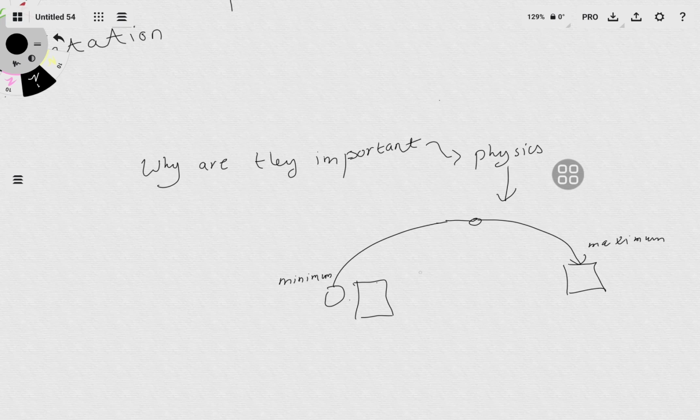In physics, the quadratic equation is represented as s equals ut plus 1 over 2 at square, where s is displacement, u is initial velocity, a is acceleration, and t is time.